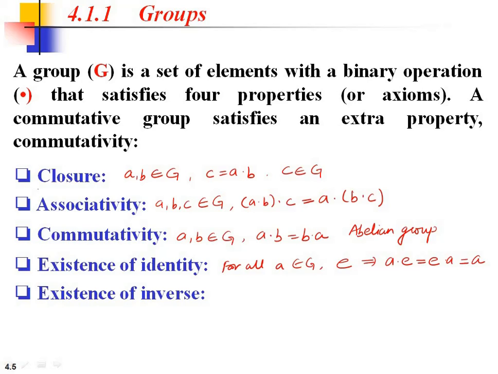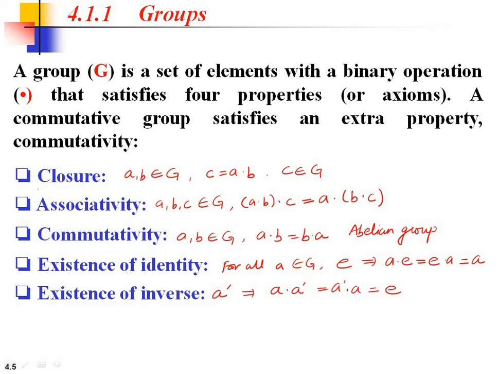And finally, the existence of an inverse. There will exist an element, which we denote as A prime, such that A dot A prime is equal to A prime dot A, and this is equal to the identity element. So whenever an element is operated with its inverse, we get the identity element.